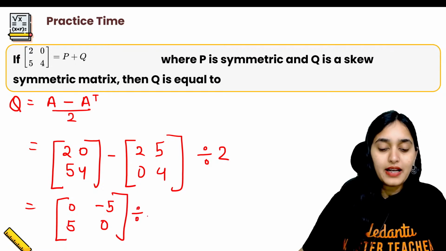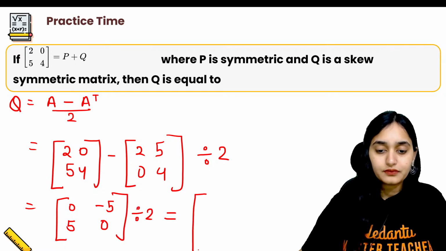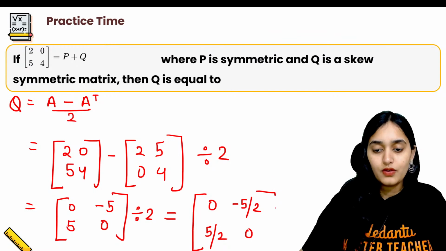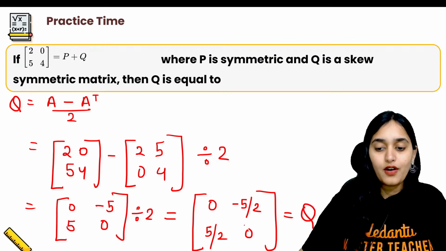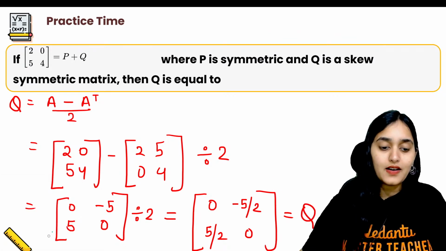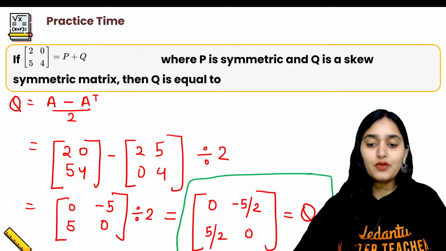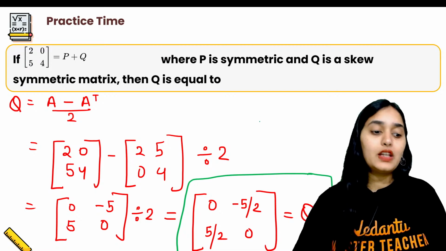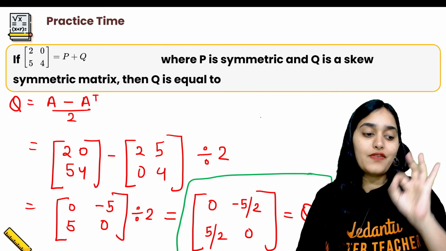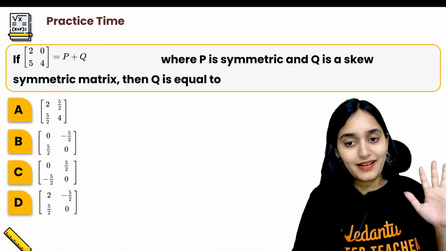Now divided by 2, you get 0, minus 5 by 2, 5 by 2 and 0. This is the value of Q. That's your answer. In the question they are asking you the value of Q, right? So Q is equal to the matrix 0, minus 5 by 2, 5 by 2, 0.